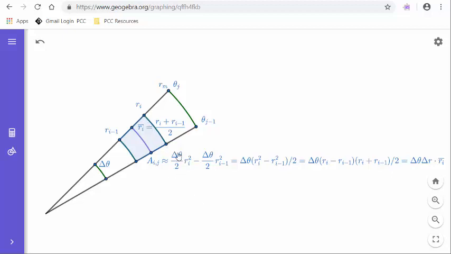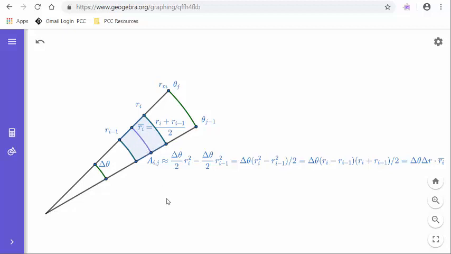To do that, delta theta over 2 times r sub I squared gives me the area from 0 to r sub I, this entire sector here. And then we want to take away the area underneath, the area from 0 to r sub I minus 1, so that we're left with just the area in between.